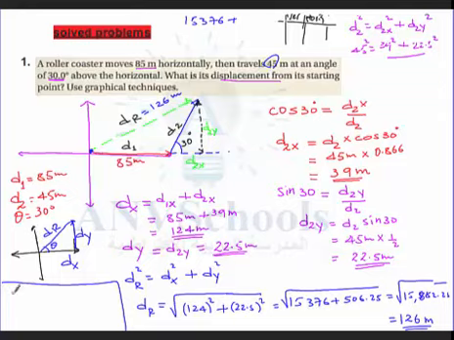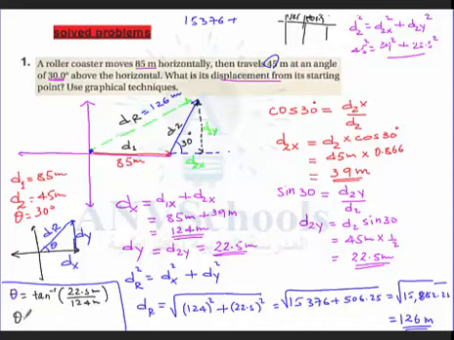Theta is given by tan inverse of dy by dx. That dy is 22.5 meter, divided by the total displacement along x, 124 meter.